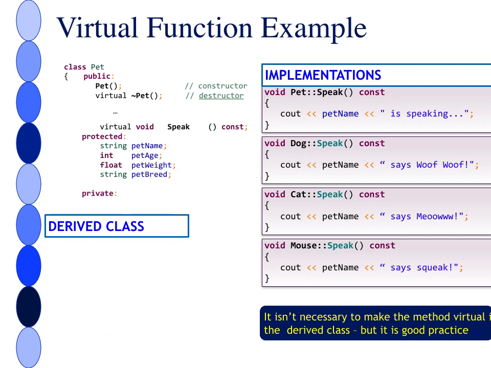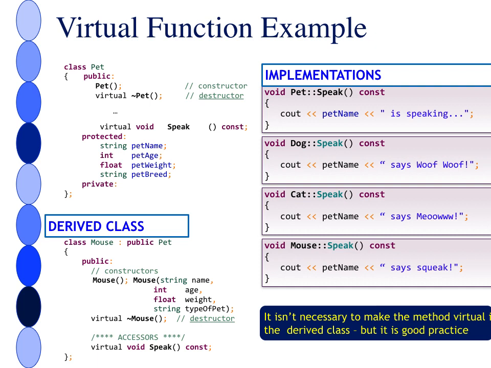Finish here with the attributes. On the mouse, for instance, which is derived from the pet, again we have a virtual destructor and then a virtual speak, which will dynamically replace the virtual speak from the parent, which is the pet.